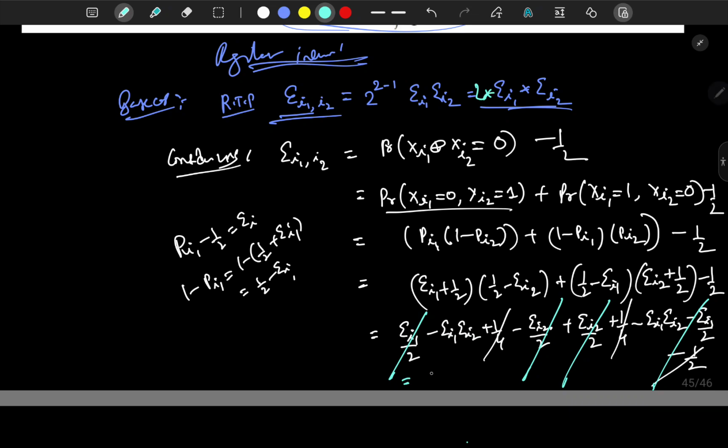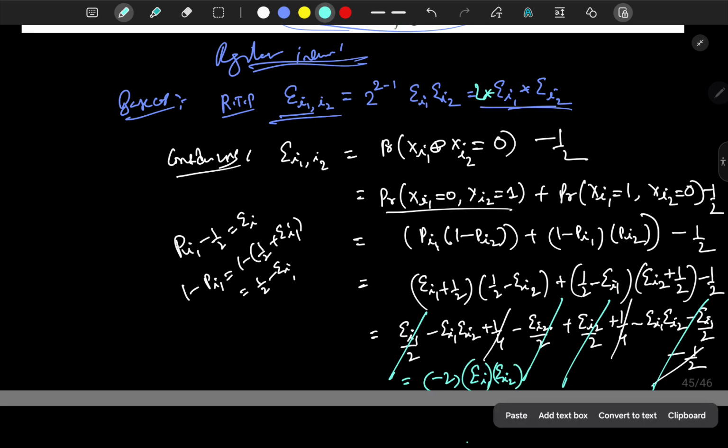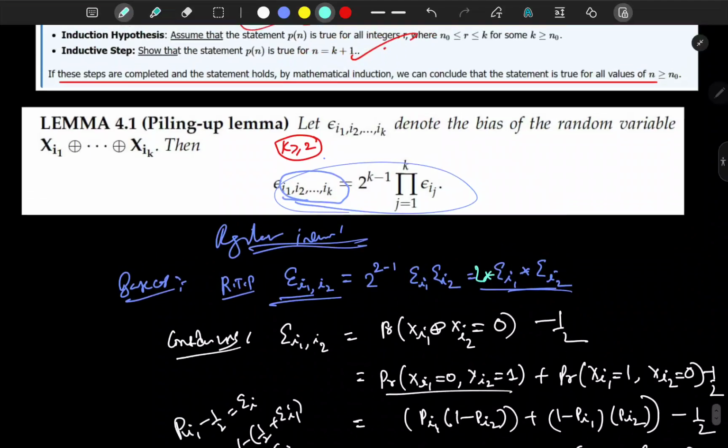So finally what will it become? Minus 2 into epsilon i1 epsilon i2. So this is what we want to get now, right?